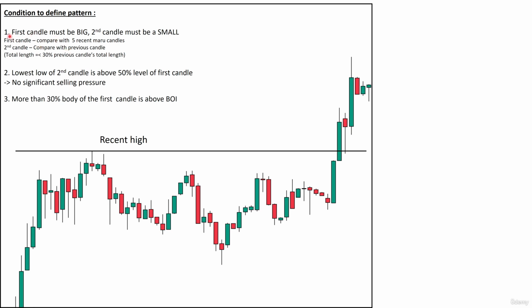First of all, we need to judge the first standard. The first candle must be big, and at this time we need to compare with the 5 recent Marubozu candles on the left side. Here is our big Marubozu candle. At this time you can compare this candle with the 5 Marubozu candles on the left. The first one here is the up Marubozu candle very clearly, and the second candle here is a special down Marubozu candle.